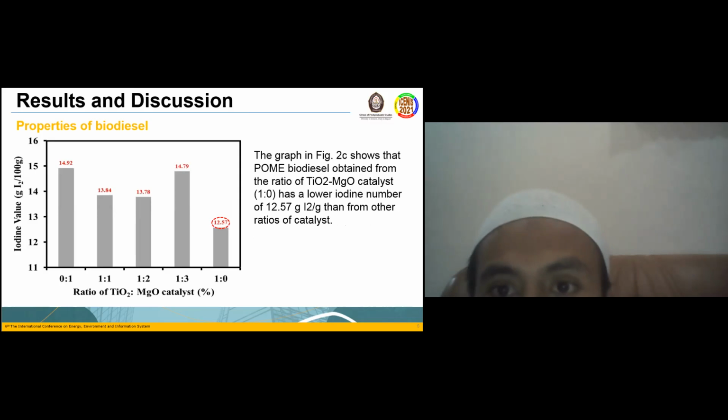In the graph in figure 2C, the formed biodiesel obtained from the ratio of titanium dioxide doped magnesium oxide catalyst 1:0 has a lower iodine number of 12.57 gram iodine per 100 gram than from other ratios of catalyst.